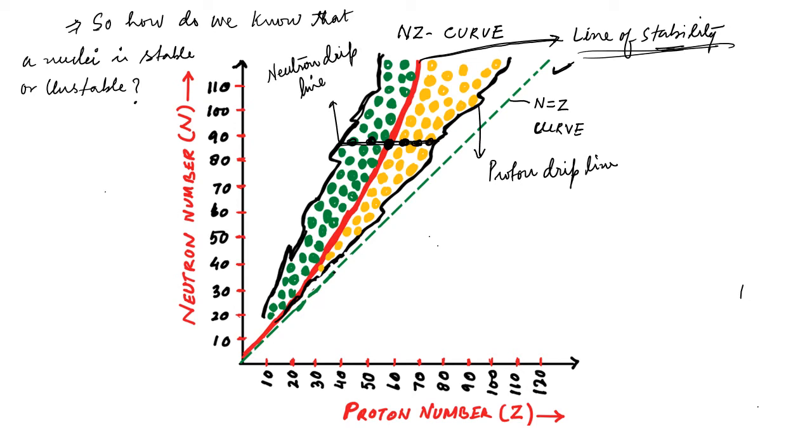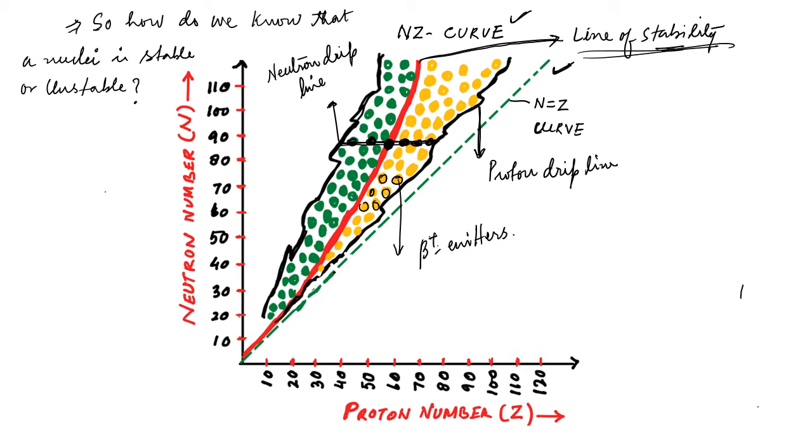So all these about the drip line I had discussed in the NZ curve lecture. Those nuclei which are on the right side of this line of stability, like these yellow ones, are all known as the beta plus emitters.